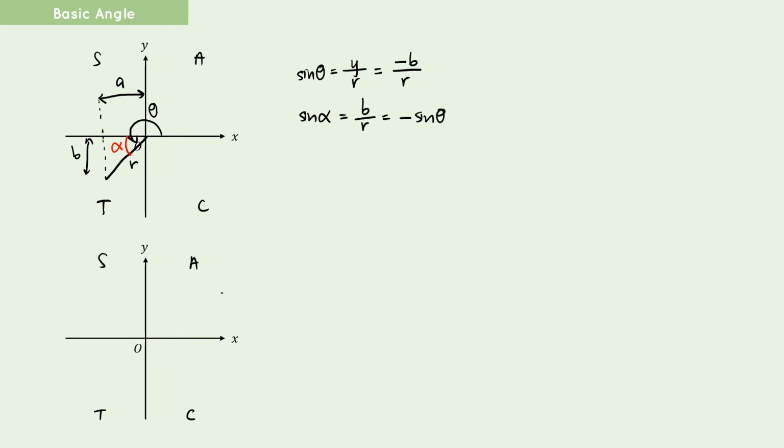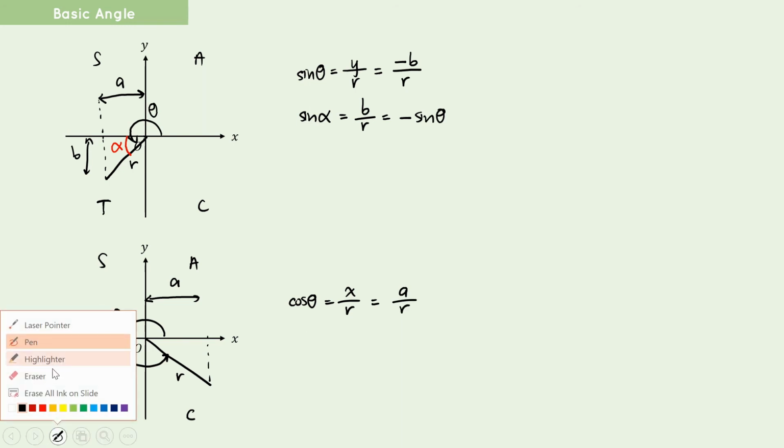Okay, but if we were to consider this angle theta in the fourth quadrant, we have to consider the cosine of theta. It will be x over r. If I consider this as a and r, then x over r will be a over r.